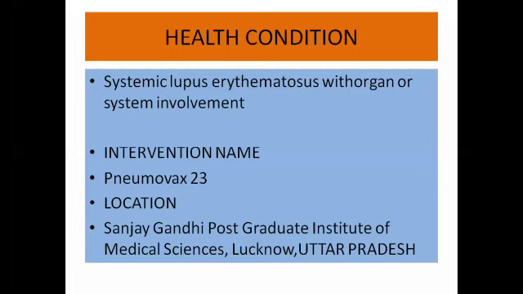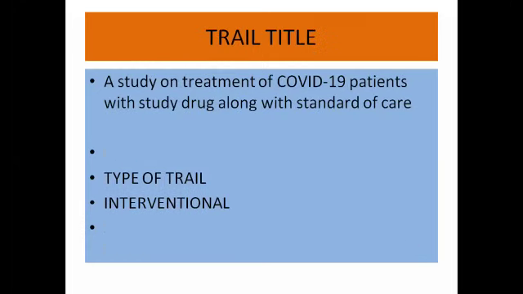For this, the patients should be affected with systemic lupus erythematosus, and the intervention they are giving is Pneumovax 23. And the next is location: they are doing this trial in Uttar Pradesh, at Sanjay Gandhi Postgraduate Institute of Medical Sciences in Lucknow.